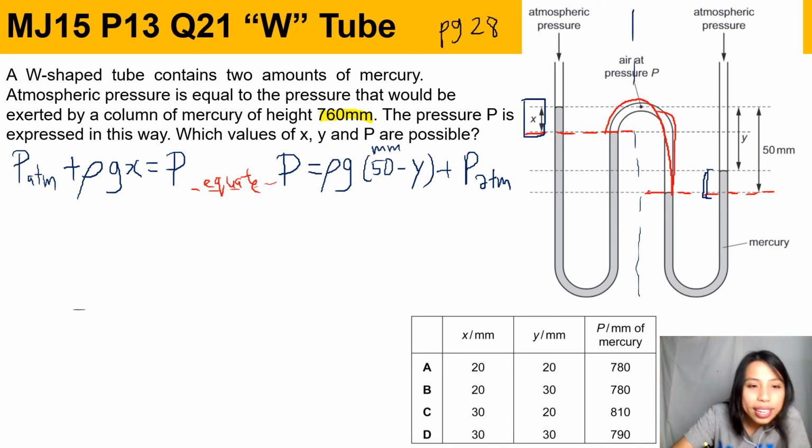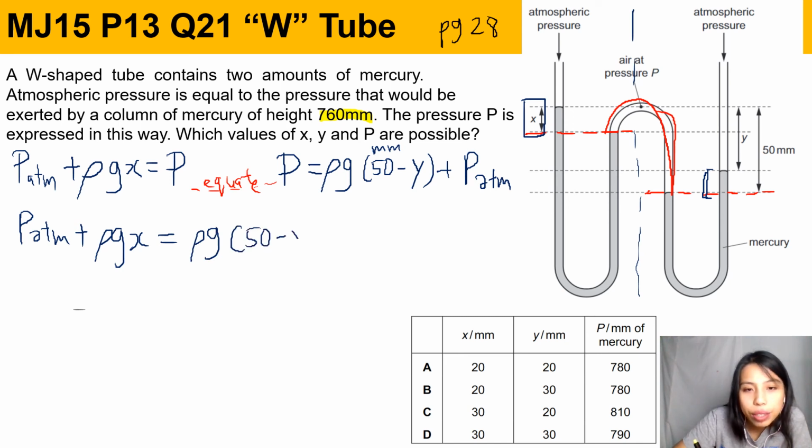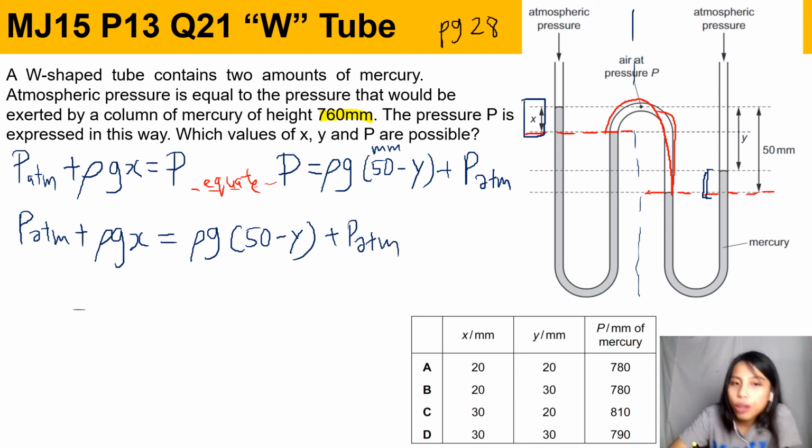So what we get then is atmospheric pressure plus rho Gx equals to rho G 50 in mm minus Y plus PATM. Oh, look at that. The PATM, if you move this left side one to the right, then they cancel out already.